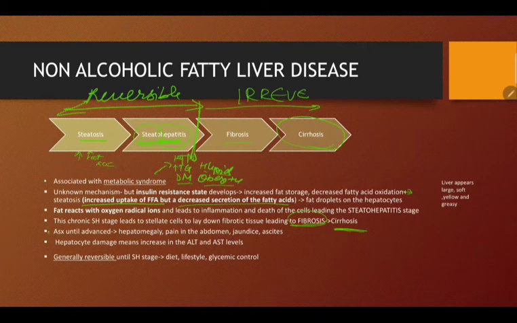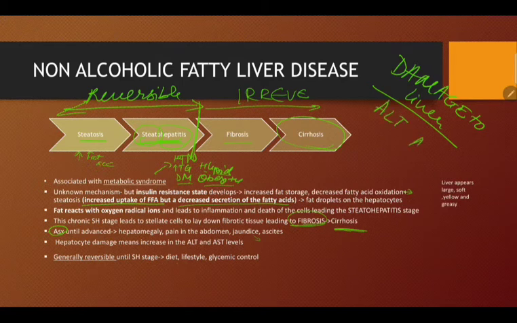And usually because of that, it's asymptomatic too, until it reaches fibrosis, cirrhosis, then there's hepatomegaly, post-hepatic jaundice, ascites, and pain in the abdomen. When there's damage to the liver, remember this, there are 2 enzymes you need to remember: ALT and AST.